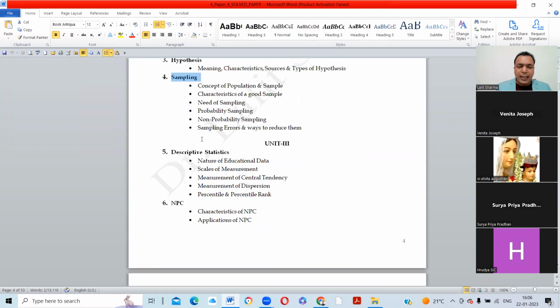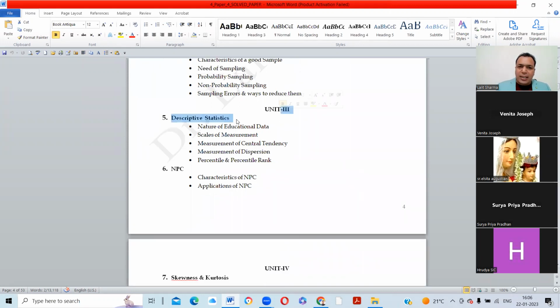Unit 3 in your syllabus is descriptive statistics. Under this, the 3 things are central tendency and dispersion, percentile and percentile rank, and scales of measurement and nature of educational data, right, guys? So this is also easy. Questions can come from central tendency.